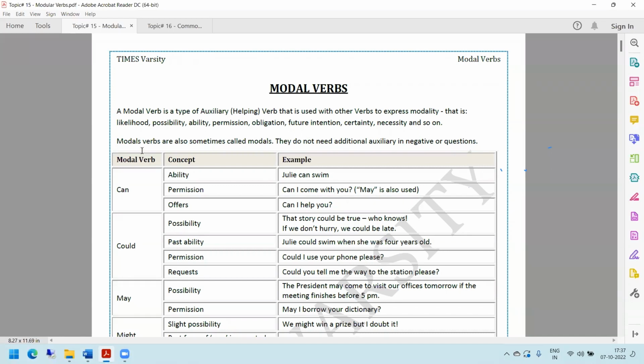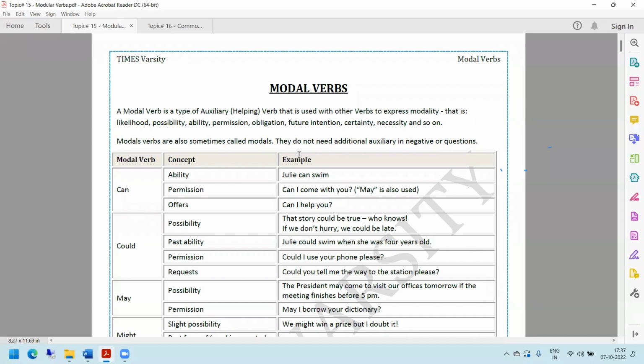Modal verbs are also sometimes called modals. They do not need an additional auxiliary in negatives or questions.